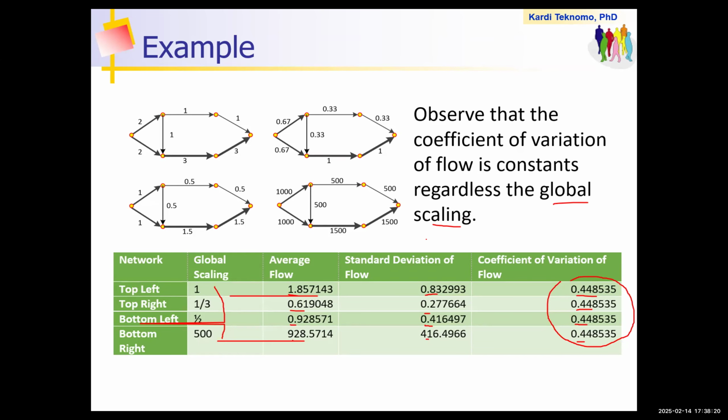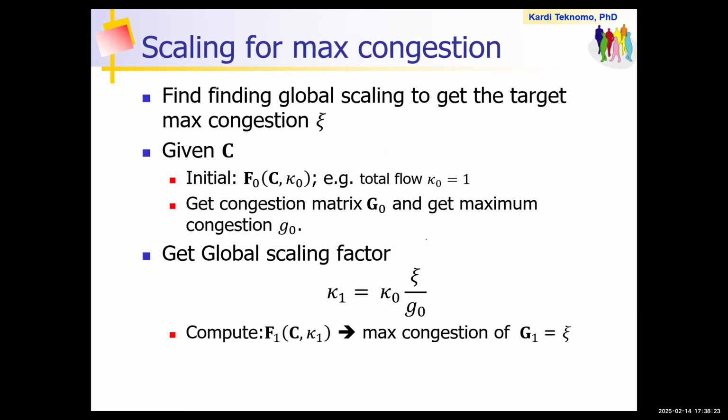So now this is the most important part, the application. In a transport network, what you have is the capacity matrix, C. Initially, because you don't know the total flow, how can you know the total flow in the whole network?